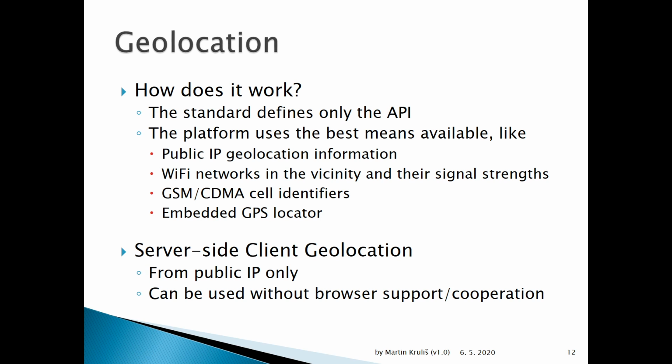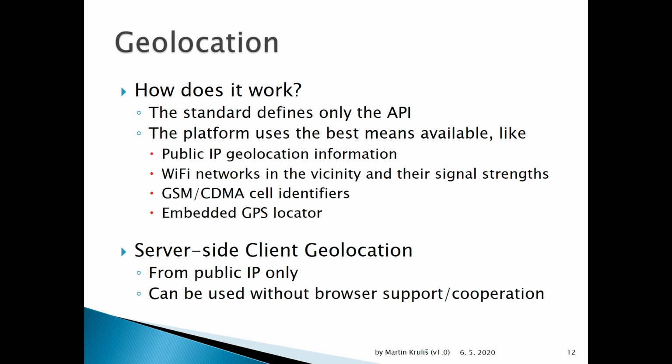And again, there is a huge list of locations of all terrestrial stations, so you can use this for triangulation of the position. And of course, if you're running your code on something like a cell phone or tablet, it might have a GPS locator itself, so it can give you very precise information regarding the user's location.